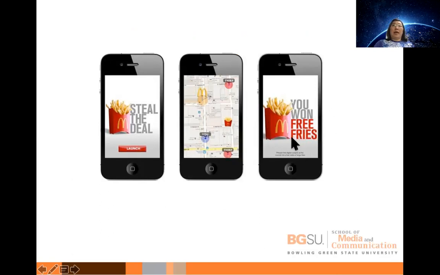So it's almost like a game, but a very easy, fun thing to entice people to get interested in McDonald's, because you get a fry. Of course, you don't just get a fry, probably you'll buy a drink and other things. So it's a really good way to entice consumers to go to McDonald's.